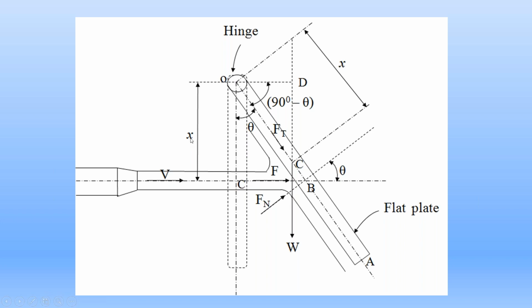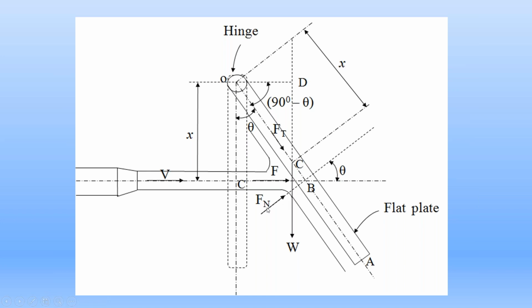But OC is equal to X. So cos theta is equal to X divided by OB. So the length OB is equal to X divided by cos theta. So from the right angle triangle OBC, we calculate this length OB as X by cos theta.